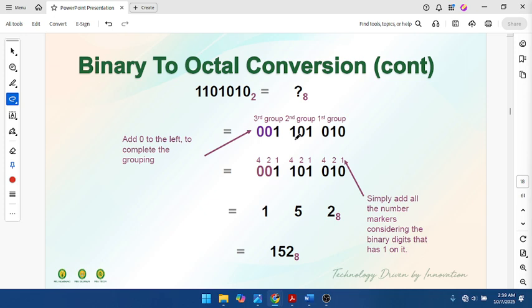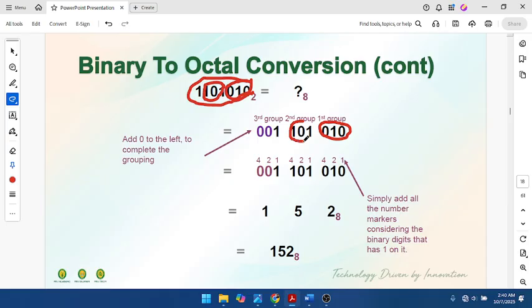We have 11011010, base 2. If we group this, the first group is 010, which I put here. Then 011 for the second group.